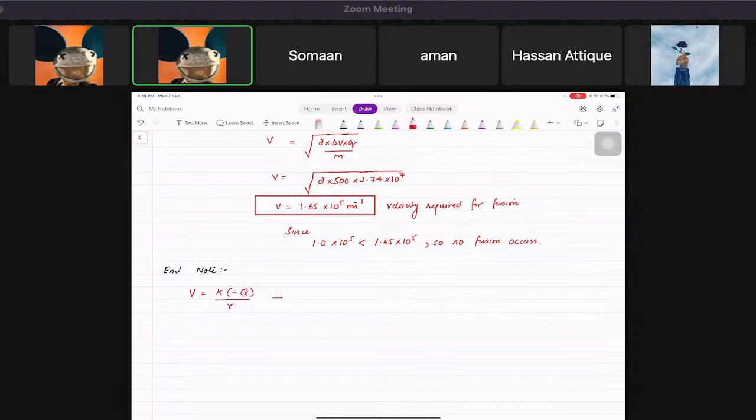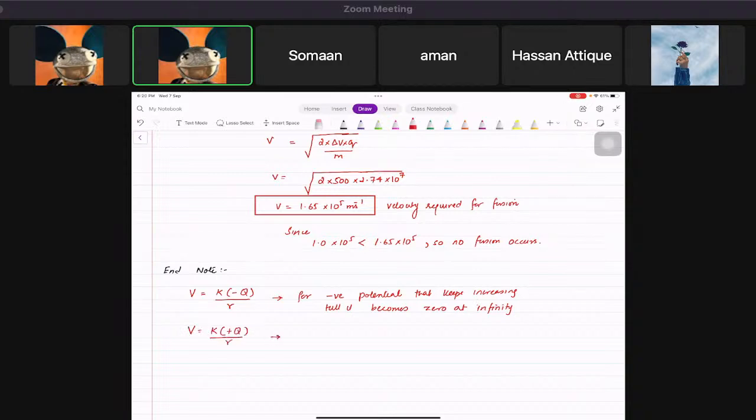So this will give you a negative potential, and that keeps increasing till it becomes 0 at infinity. So for the negative, 0 is the maximum number. And for a positive one, you just add the positive value of charge.